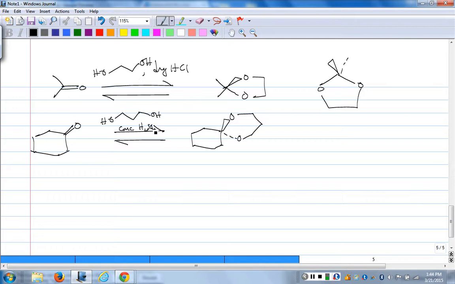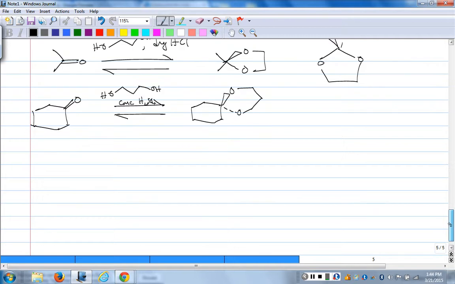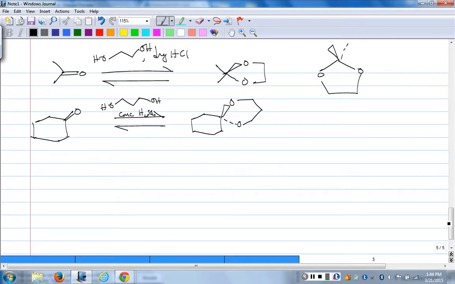One last point that I'll make, and we'll see this later on, is that carbonyl compounds, in addition to reacting with diols, can actually react with dithiols. So instead of reacting with ethylene glycol, for example, it could react with the sulfur analog.